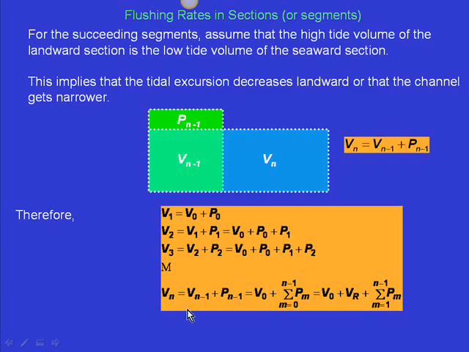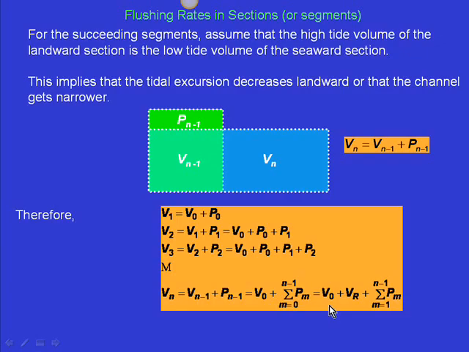So in general, any segment will be as given by this expression up here. It's going to be equal to V sub 0, which is the volume of the river segment, plus the sum of all the tidal prism volumes, which is given by this.